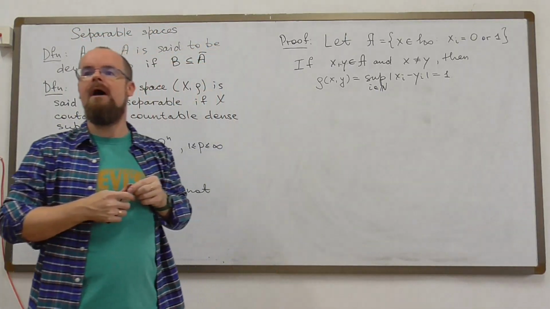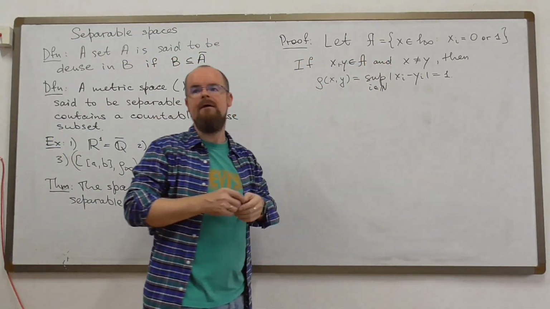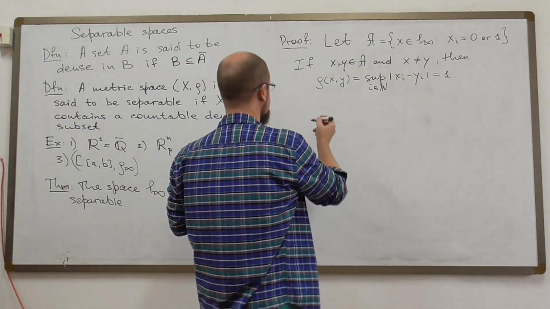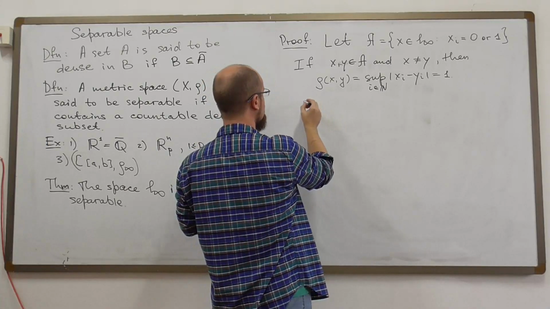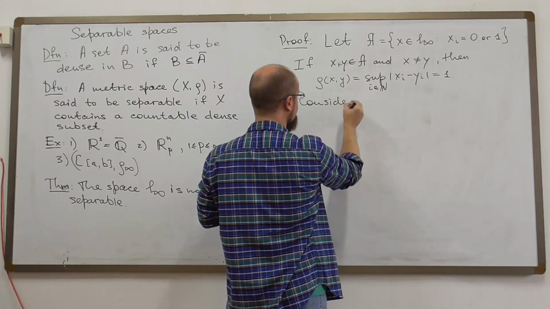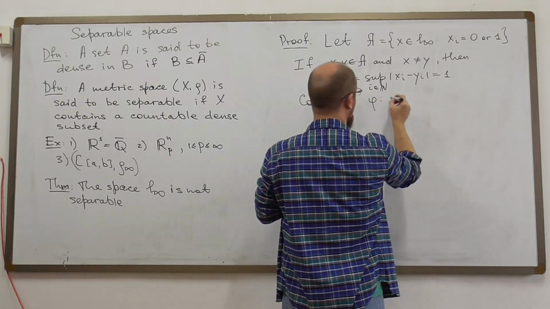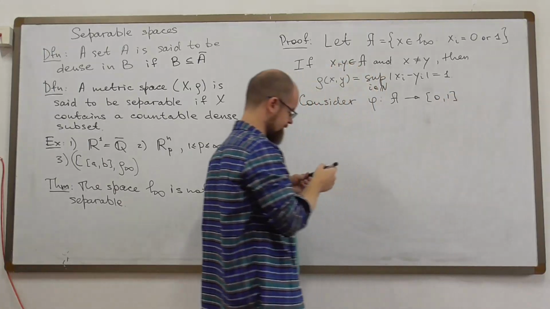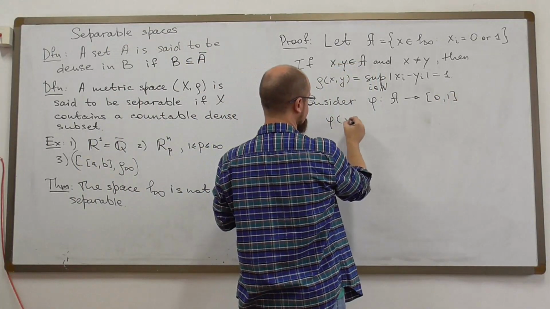Now let us show that this set A is uncountable. First of all, let us construct a function. Consider a function phi from A to the interval [0, 1], which is defined like this.